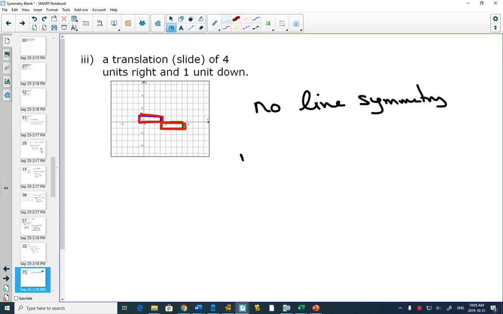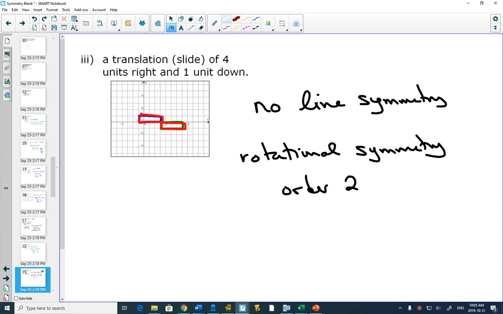So it does have rotational symmetry. It has an order of 2 and an angle of 180 degrees.